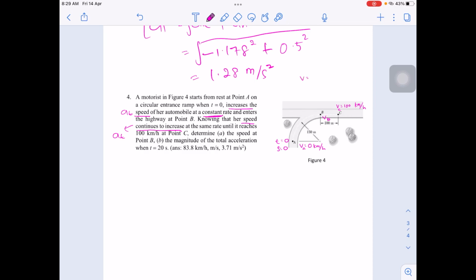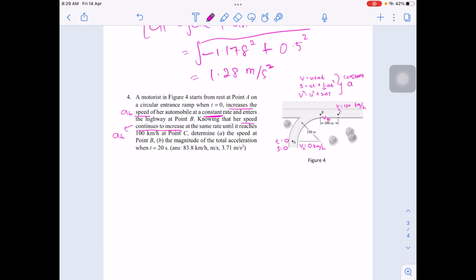Kita ada V is equals to U plus AT yang ini lah. S is equals to UT plus half AT squared, and then V squared is equals to U squared plus 2AS. Okay, this one for constant acceleration.